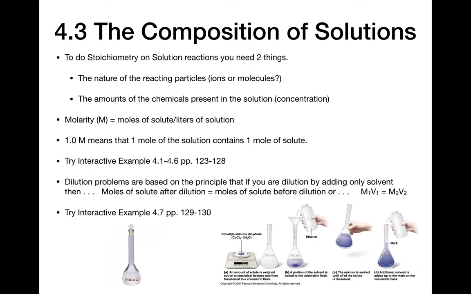Are they ions because I have a strong electrolyte, or are they molecules because I have a weak or non-electrolyte? Generally, with weak or non-electrolytes, we write the reaction as the molecules reacting because they are the most common particles. With a strong electrolyte, we write the reaction as ions reacting.